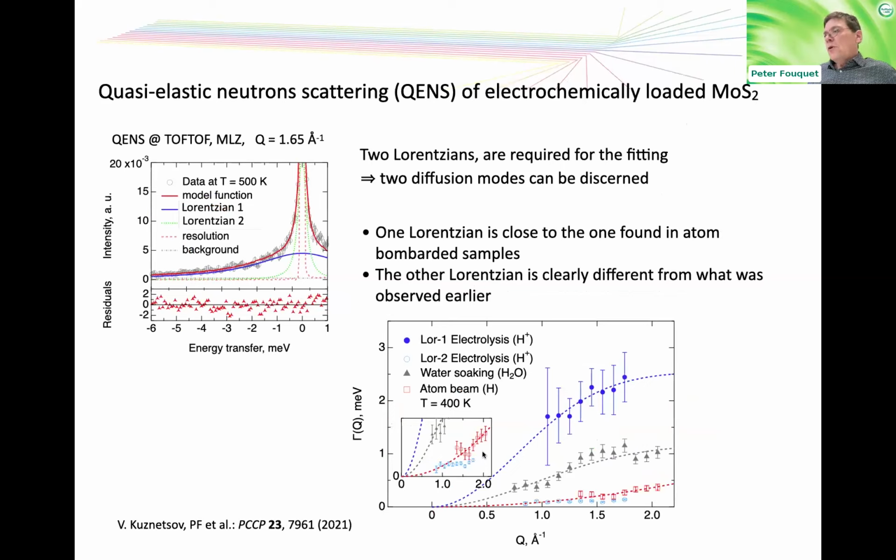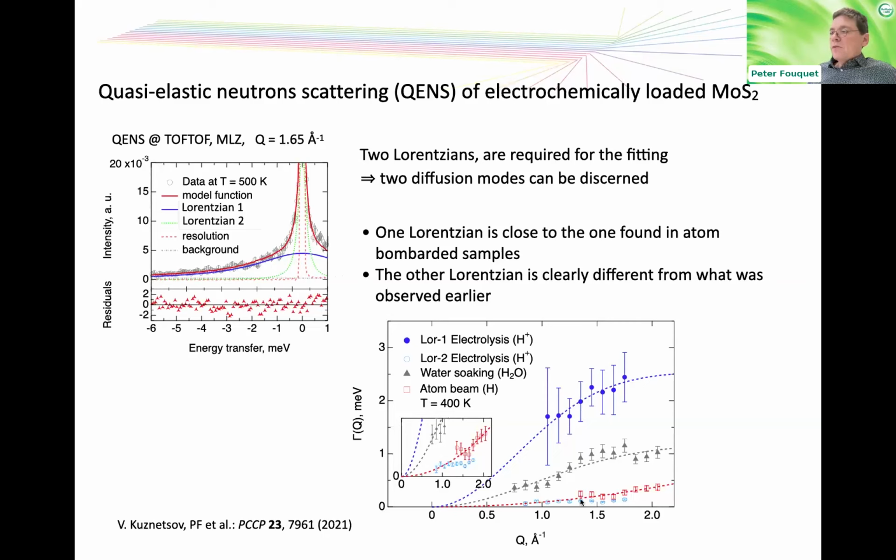And what we also saw, when we looked at the data with quasi-elastic neutron scattering, and these measurements were done in Munich at MLZ, is that we actually saw two different lines in the quasi-elastic signal, meaning that we saw different processes of diffusion at the same time.